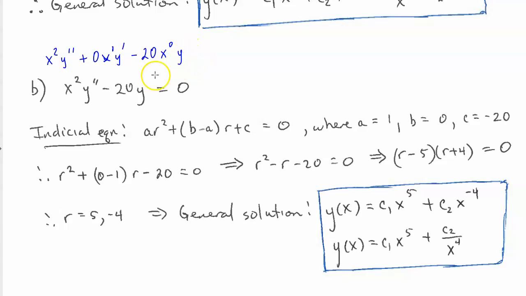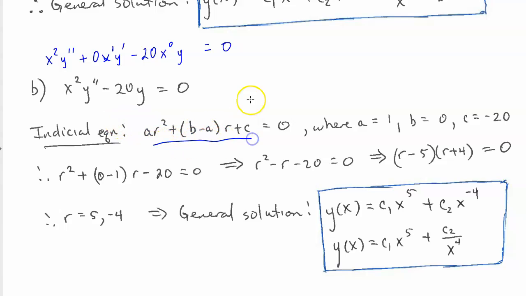This is actually what it would look like if we spelled out everything, where this is 0 times x raised to the 1 times y prime. So degree of 1 here, first derivative here, that matches. So this is technically an Euler-Cauchy of the second order.